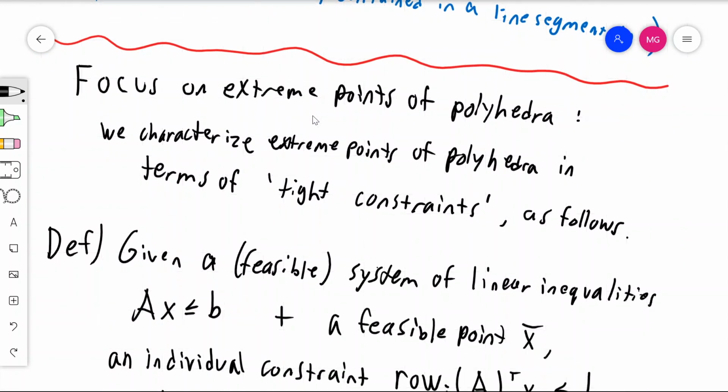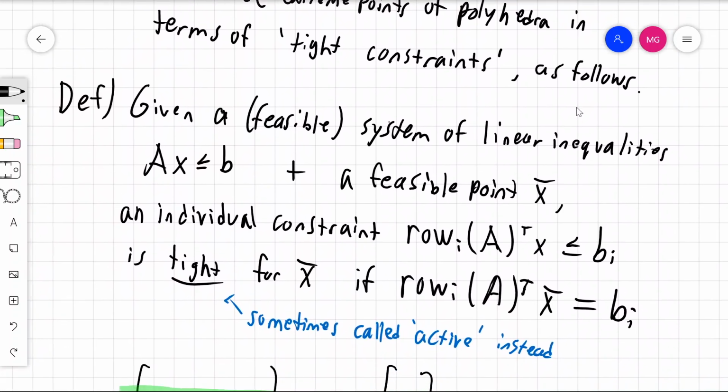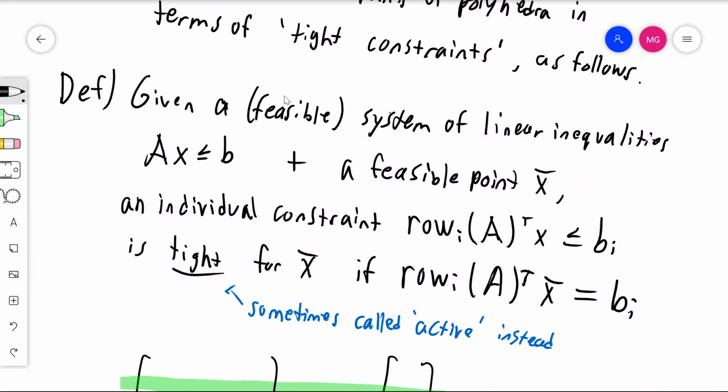We are going to be focusing on the extreme points of polyhedra specifically, not just of any convex set. So we can characterize extreme points of polyhedra in terms of tight constraints. So tight constraints were introduced in the previous video, but just so that everything is all in one place, I'll just briefly go over that again.